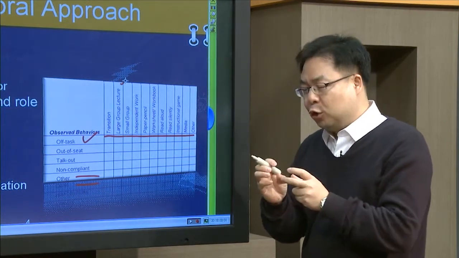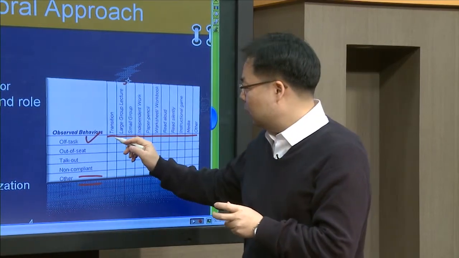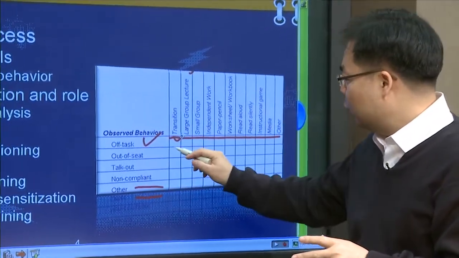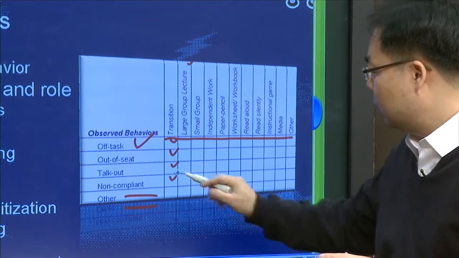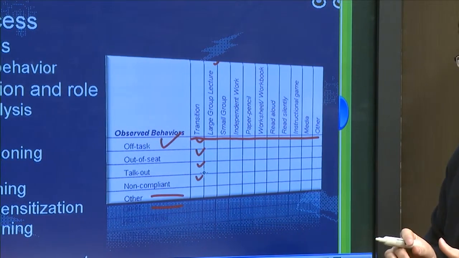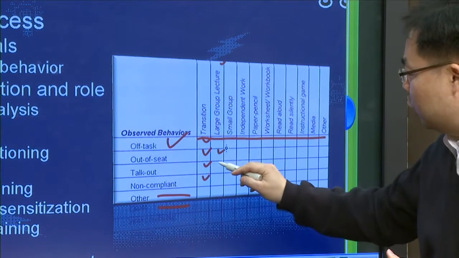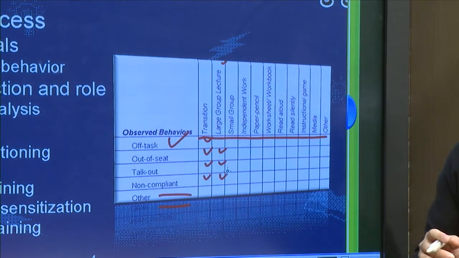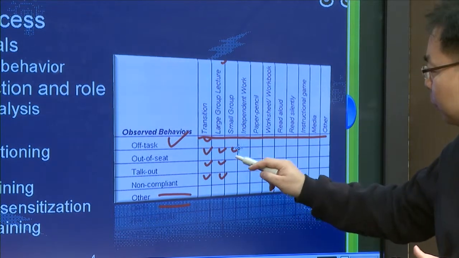So if a student showed off-task behavior in the transition from first class to second class, we can check here. And the student was better in large group lecture, but still showed out-of-seat and non-compliant behavior. And the client is showing better behavior in small group.